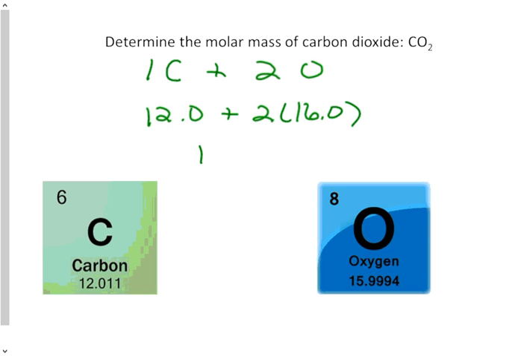Well, that is 12.0 plus 32.0, which equals 44.0 grams. And that's how we do a molar mass of a compound. Again, remember, molar mass is just a more general term to represent the mass of anything that's 1 mole in quantity. Let's try a couple more compounds.